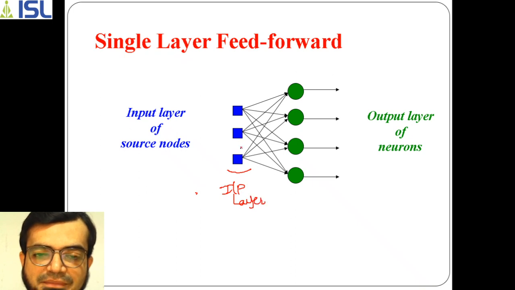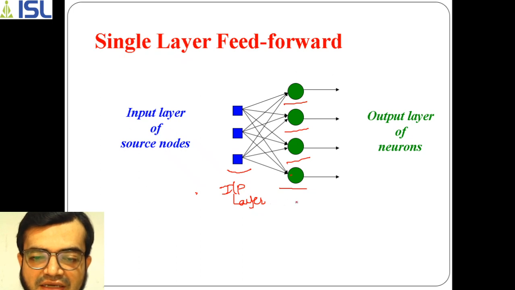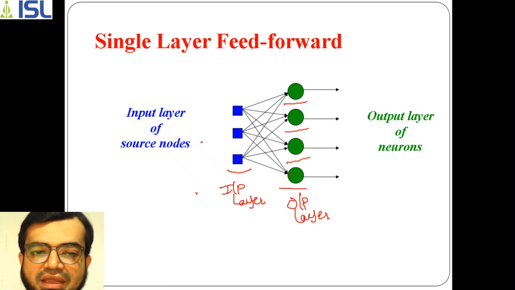Multiple inputs are there and they are associated with multiple outputs. So what does it mean? That it contains two layers. One is the input layer and another is the output layer. That means in a single layer feed forward network, using multiple inputs, we are actually producing a set of different outputs.